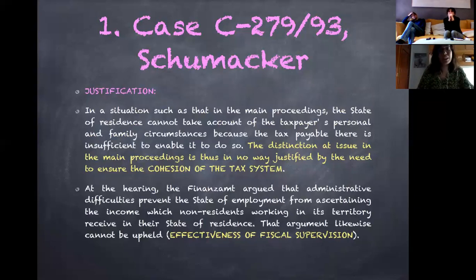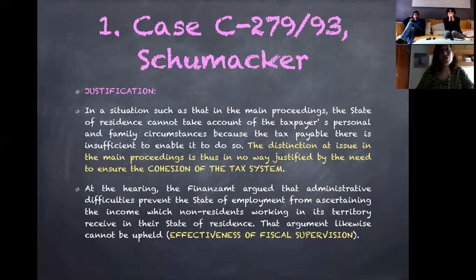The first one, the cohesion of the tax system. So tax the income in the same place as expenses are taken into account. But for this reason, as we have said, if we cannot tax income in the resident state because we didn't have income in the resident state, the source state is the one that has to ensure the deductibility of the expense, taking into account the whole ability to pay of the taxpayer.